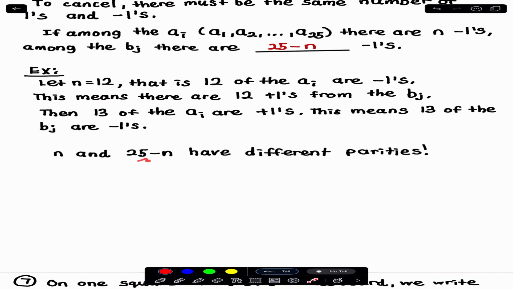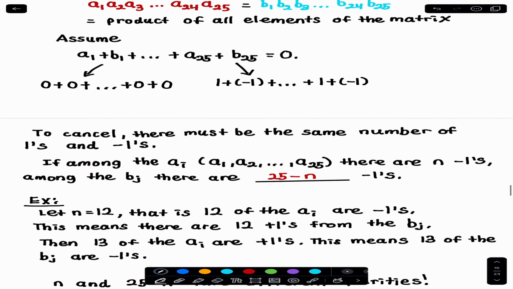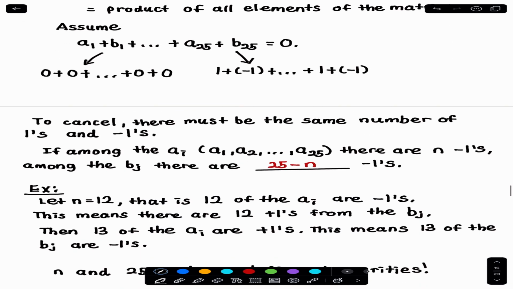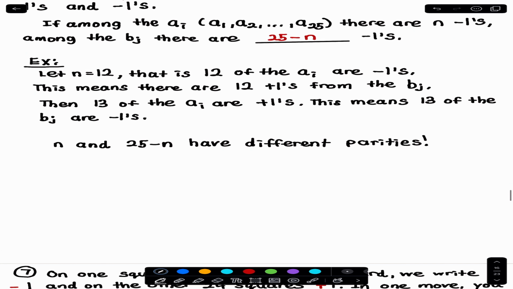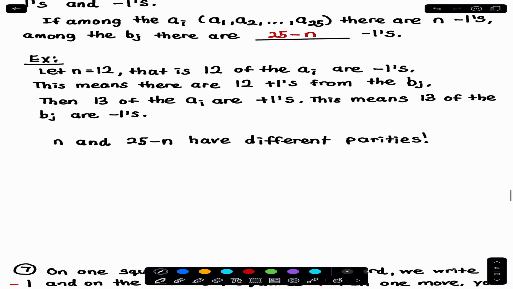If n is odd, 25 minus n is even. If n is even, 25 minus n is odd. Okay, what does that mean though? It seems like we haven't really been doing much, but the solution is basically almost complete. Do you see it?